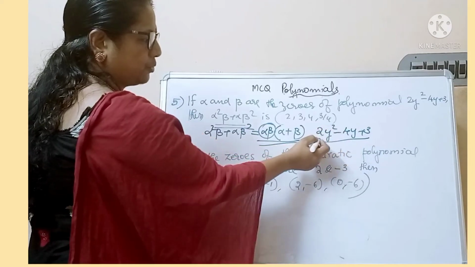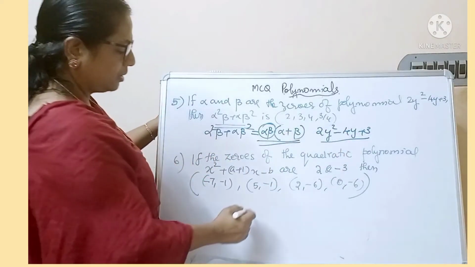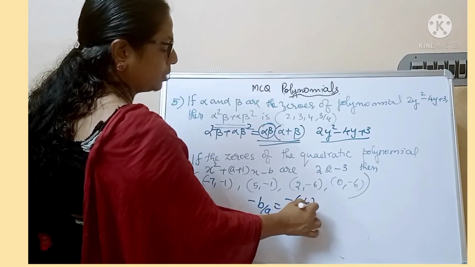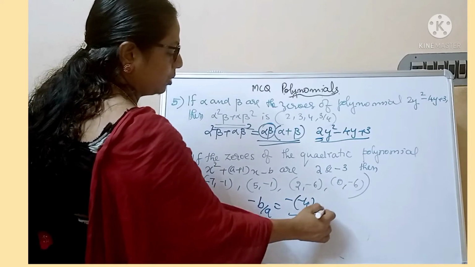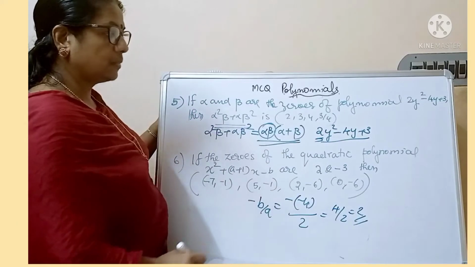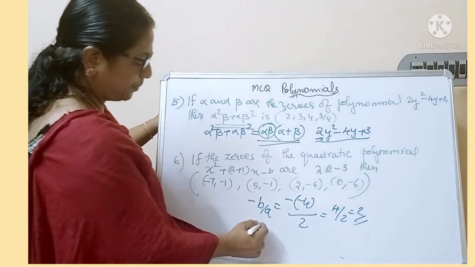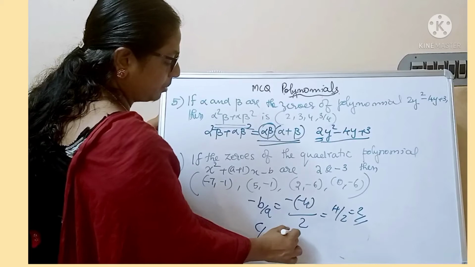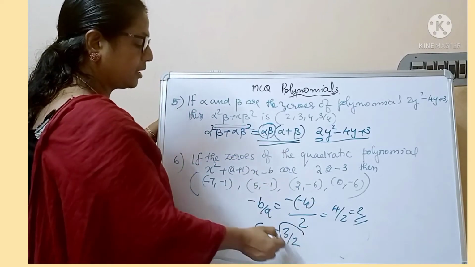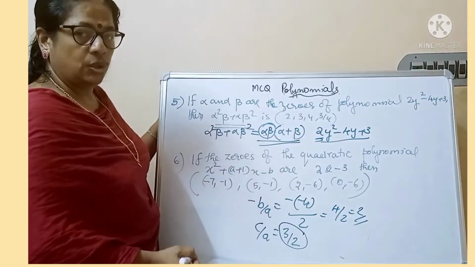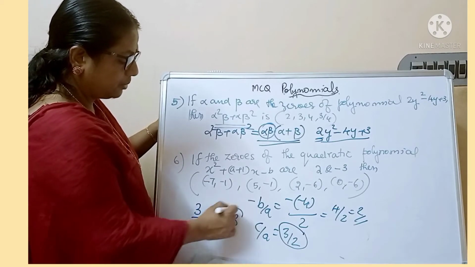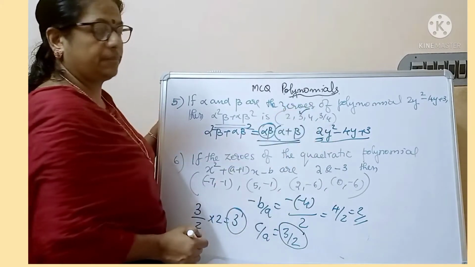So negative 4 is b, then minus b by a is 4 by 2 equal to 2. Then c by a is 3 by 2. So we substitute alpha beta as 3 by 2 and alpha plus beta as 2. So 3 by 2 into 2. So the answer is 3.